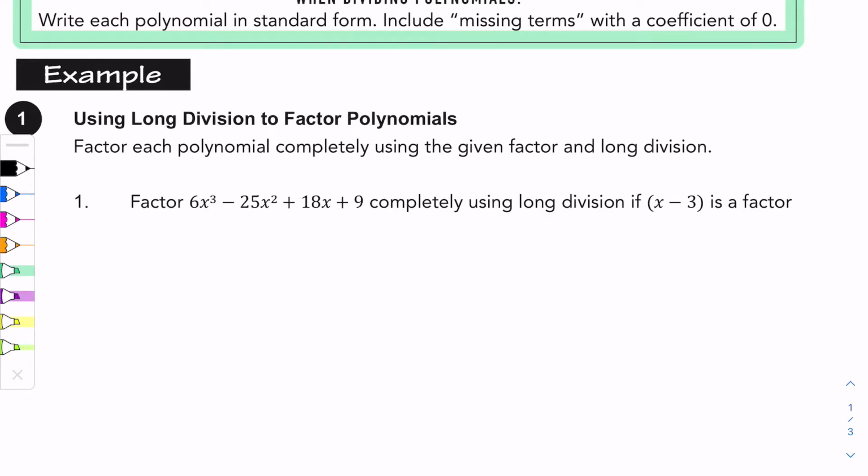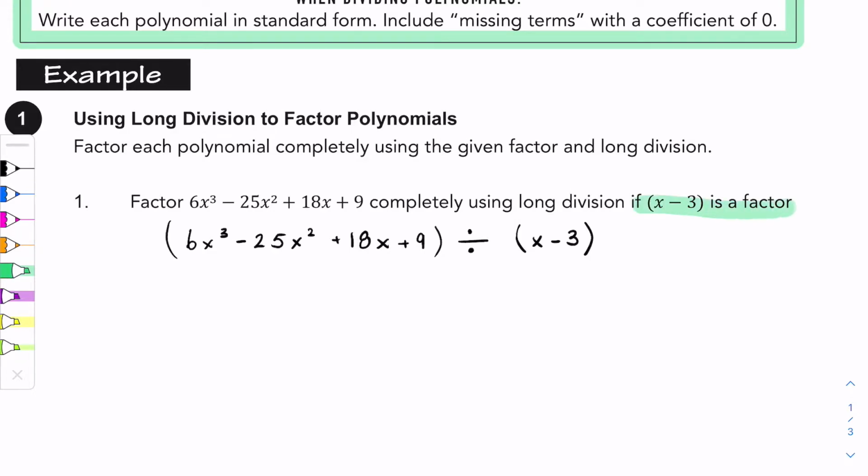If we were to write this as a long division problem, we would write 6x cubed minus 25x squared plus 18x plus 9, and we would write a divisor of x minus 3. That's written a little bit differently than how number 1 is worded. Number 1 is telling you that x minus 3 is a factor.